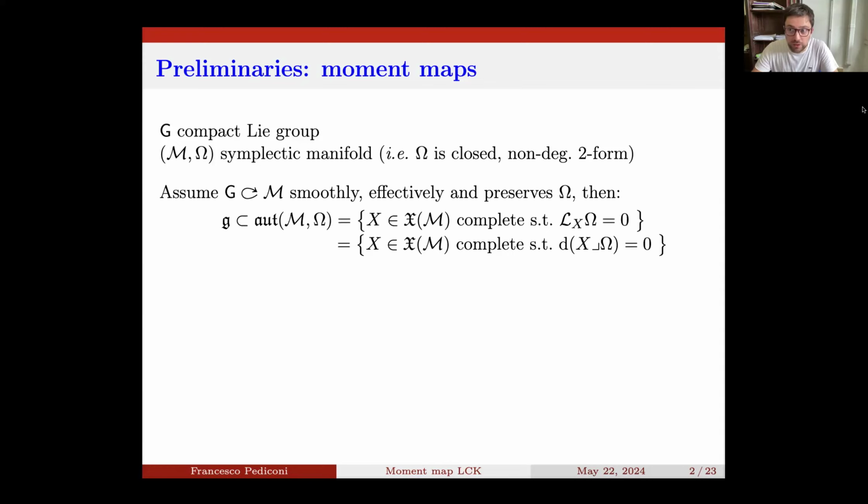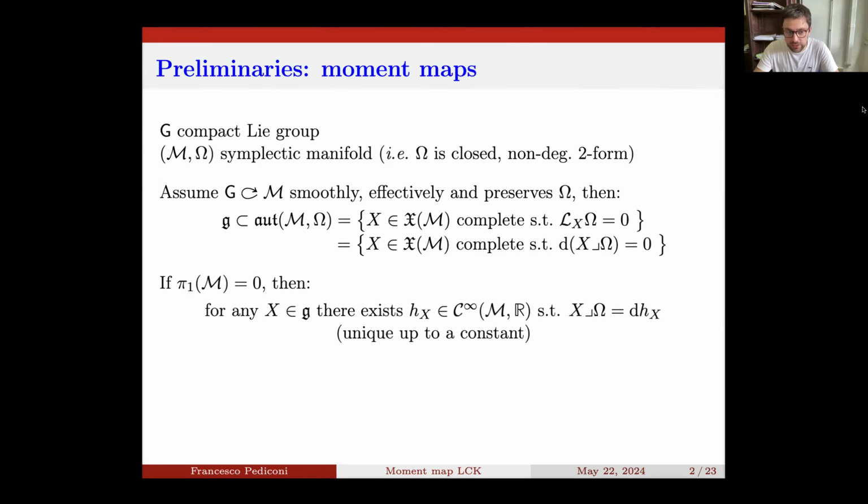And well, it is actually easy to see that the infinitesimal automorphisms are those complete vector fields X that preserve omega, and this condition is equivalent to asking that the one-form obtained by contraction of your vector field with omega is closed with respect to the exterior differential.